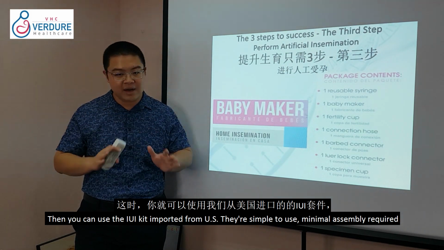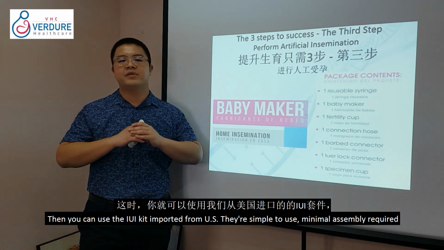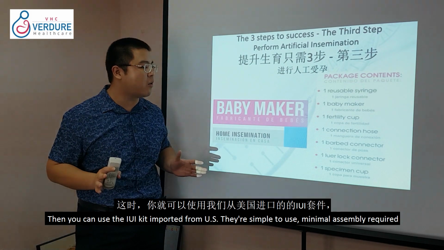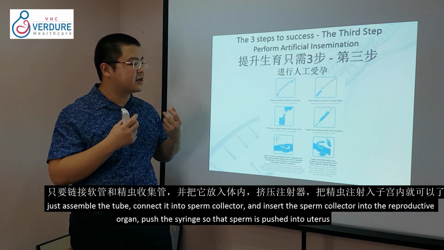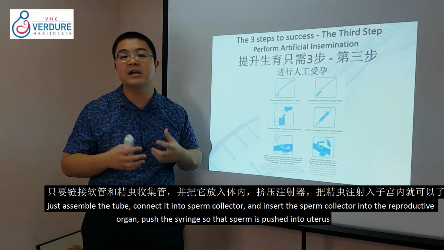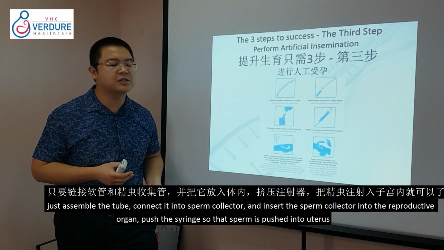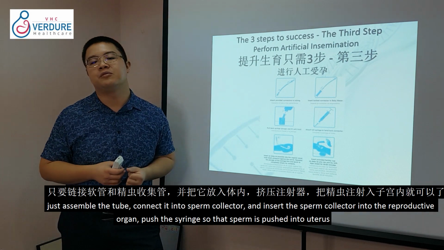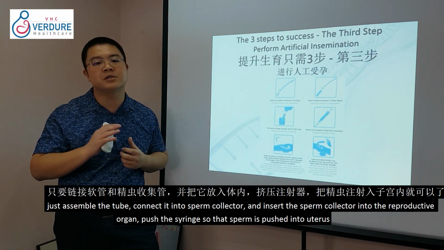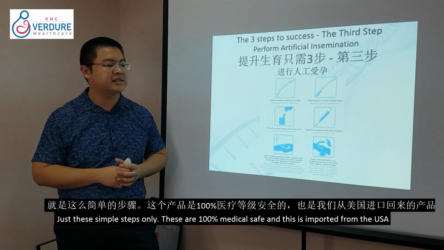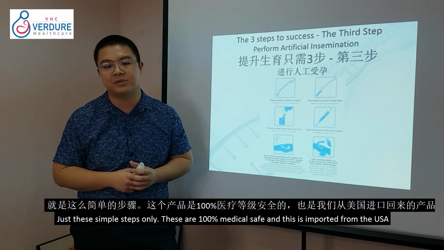They are extremely simple to use, with minimal assembly required. All you need to do is assemble the tube, connect it to the sperm collector, insert the sperm collector into the reproductive organ, and push the syringe to push the sperm right into the uterus. Just these simple steps only.